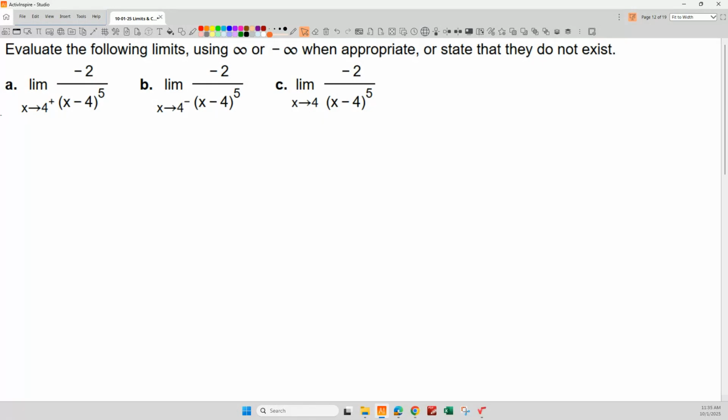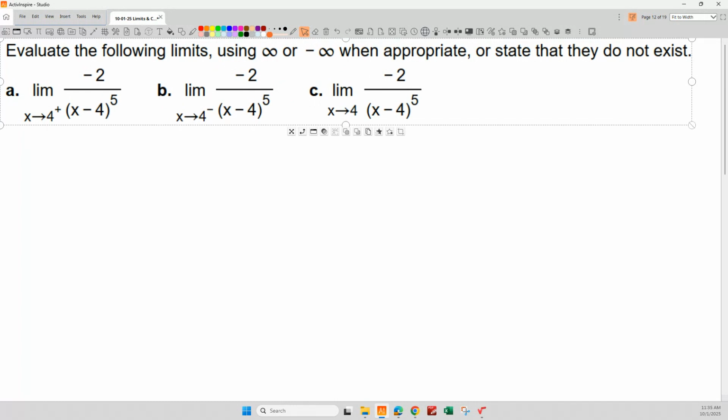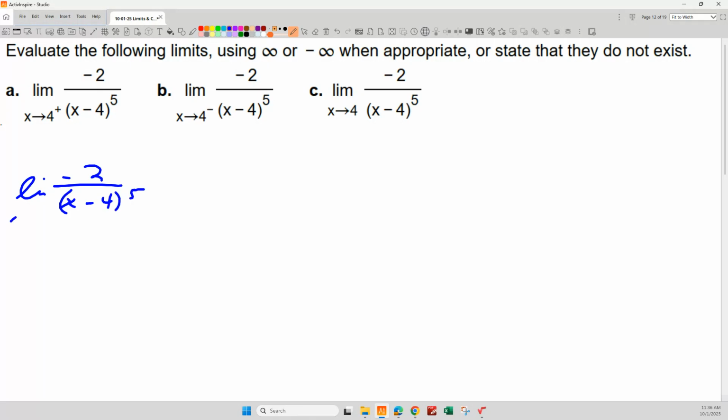Okay, talk to me about part A. As x approaches 4 from the right, the limit of negative 2 over the quantity x minus 4 to the 5th becomes what if I try to evaluate directly?